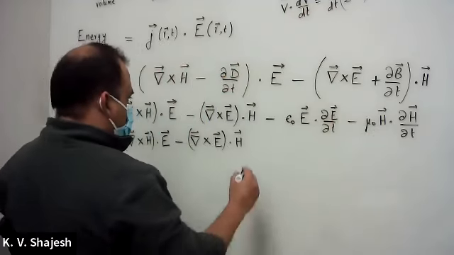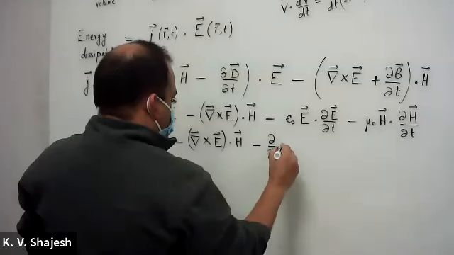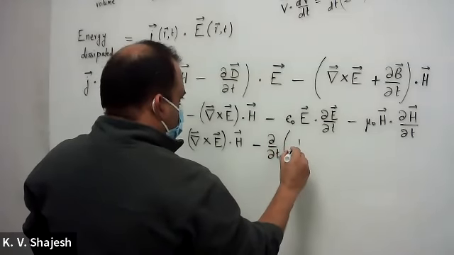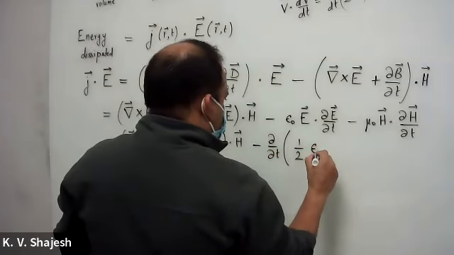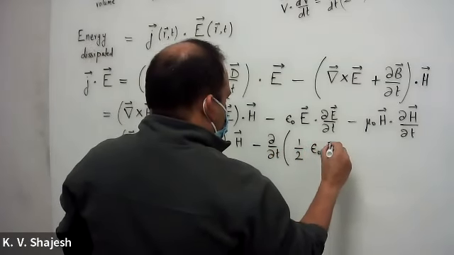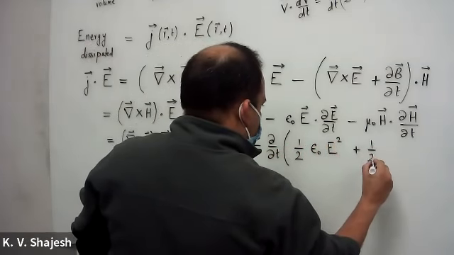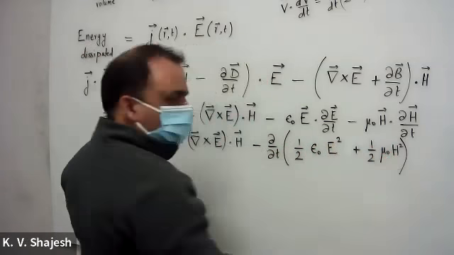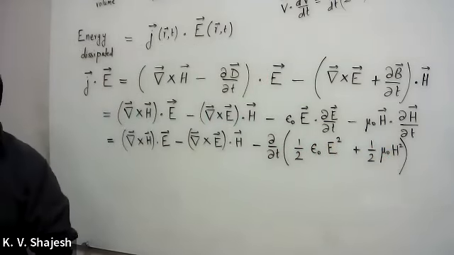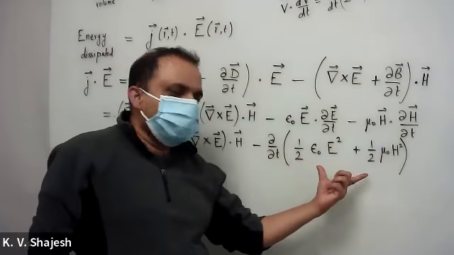So this is a total derivative of half epsilon naught E squared plus half mu naught H squared. That's nothing but energy density. So we got the time derivative of energy density.